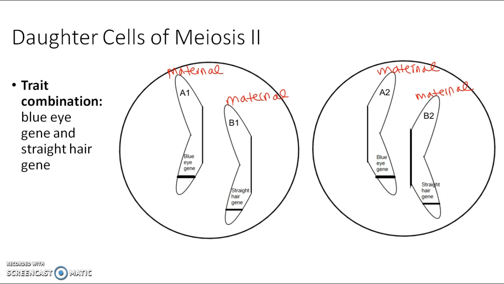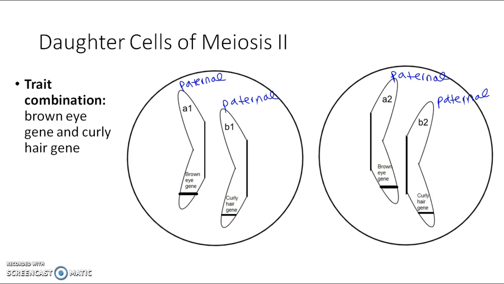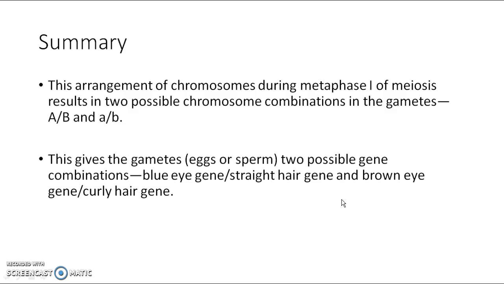the chromatids, or daughter chromosomes, in 2 of our daughter cells having the maternal gene form. So they both have the blue eye gene and the straight hair gene. The other 2 daughter cells are going to have the paternal gene forms. So they've got the brown eye gene and the curly hair gene.